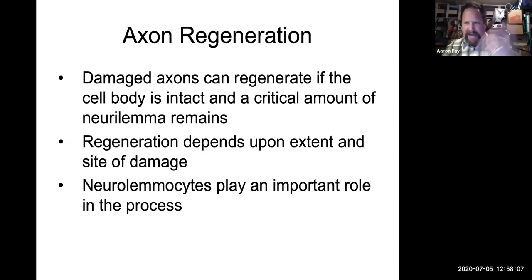If the neuron's dead, it's gone. Well, the answer is the neuron can be unable to perform its function in communicating information, but it doesn't necessarily mean that it's dead. So what you can have is damage to an axon, which then later is repaired by the neuron. And that's what this little section is. I'd like to explain how that can happen and what the role of the neurolemmocytes is.